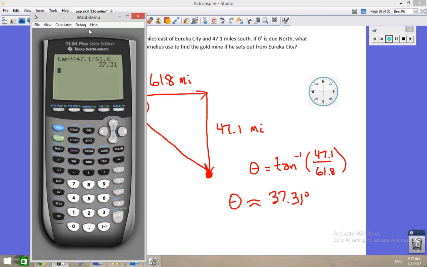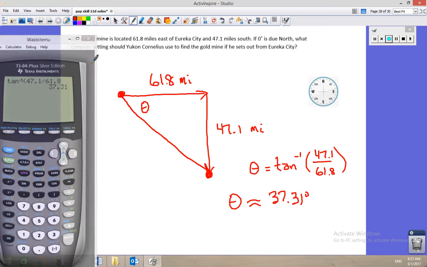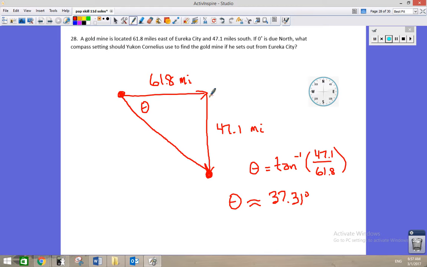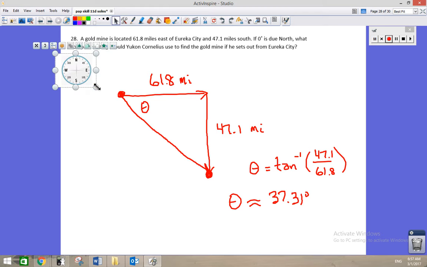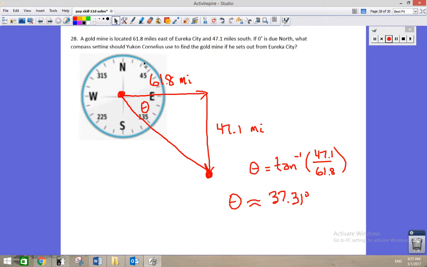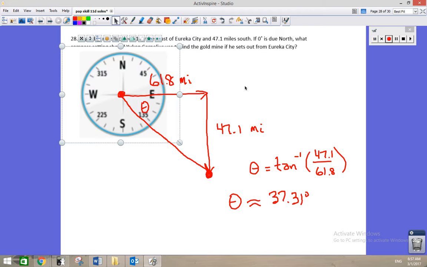But let's look at our compass. We're calling 0 degrees due east, the positive x-axis. This compass is calling 0 degrees due north. So we're going to have to add 90 degrees if we want to start on this positive y-axis at that 0 to describe this angle.